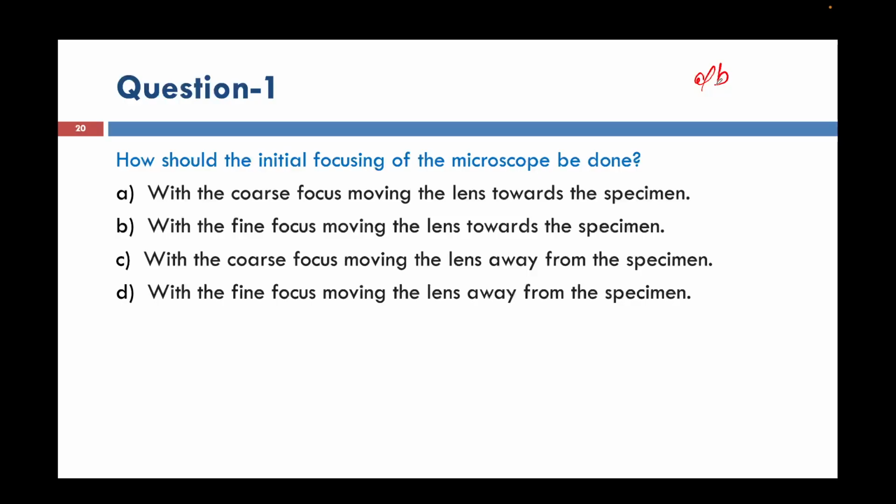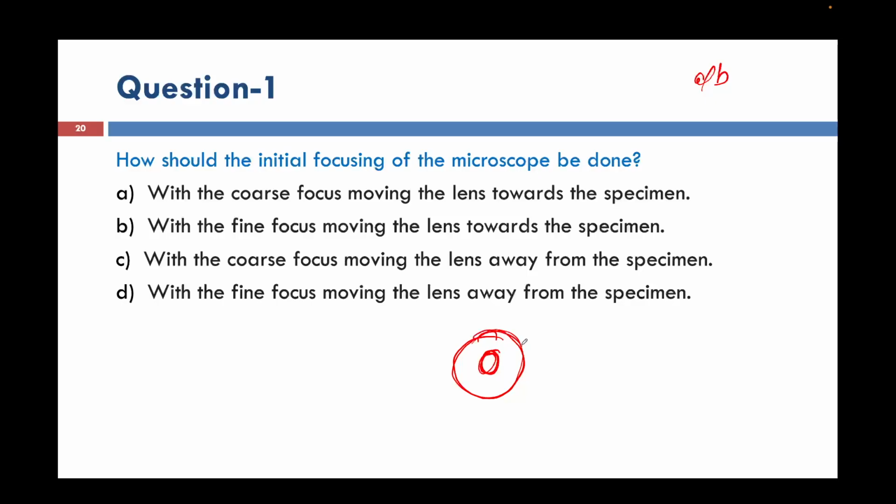The initial focusing we do by moving the microscope. Initially we will do the coarse focus, and then we will do the fine focus. If you see, there are two knobs on the side of the microscope.